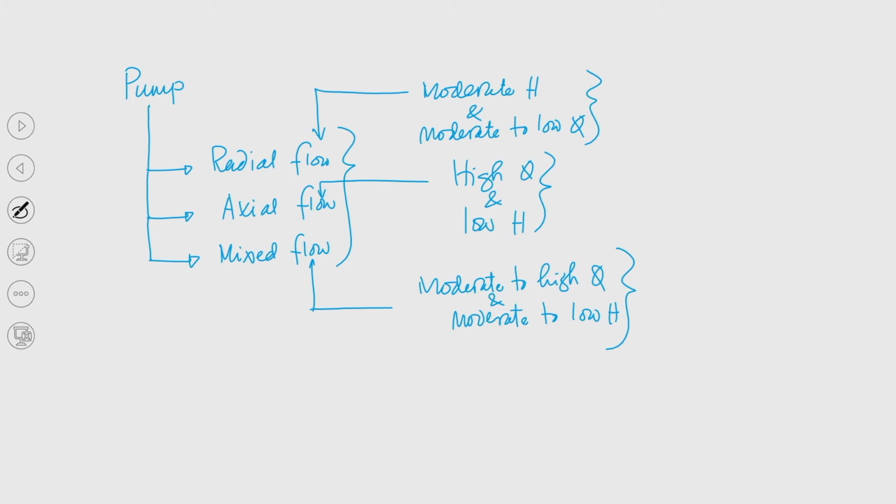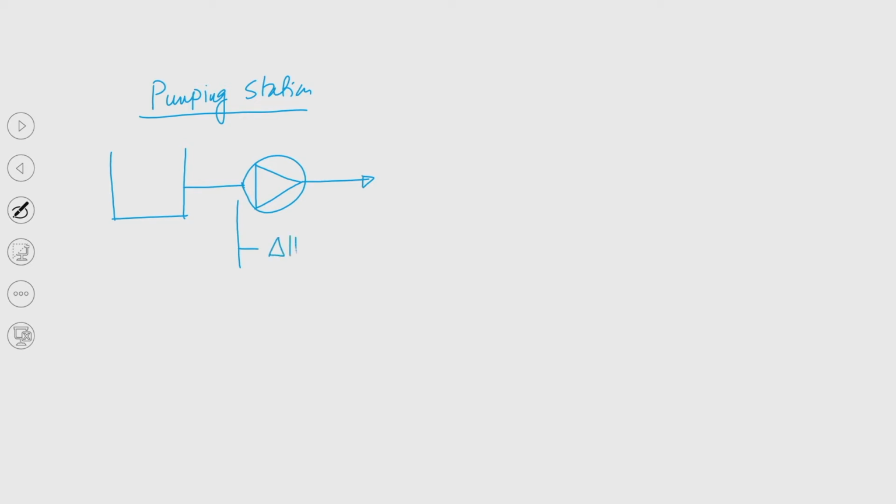So, let us first briefly talk about a pumping station in which one radial flow pump is installed. The head across this pump is delta H, and this is the flow rate Q, in meter cube per second. So, basically, in this particular pumping station we have one radial flow pump.